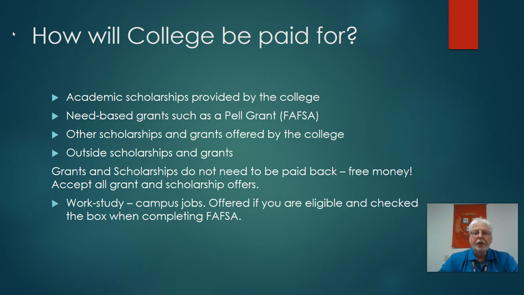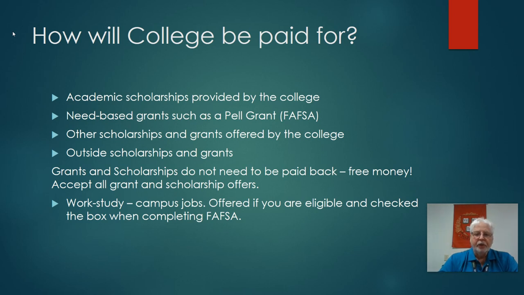Then you might see grant money. The most amount of grant money is typically supplied by what's called a Pell Grant. And you are offered a Pell Grant when you complete your FAFSA. If you meet certain financial aid requirements, they might give you up to $6,000, a little bit more per year in free money from the federal government.